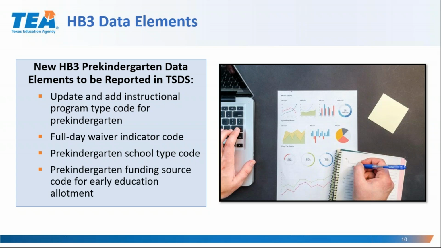And lastly, LEAs will report on the sources of funding that they are using for their pre-kindergarten program. Some examples of that would be local funding, state funding, federal funding, the early ed allotment, and districts will mark off which funding sources they are using.